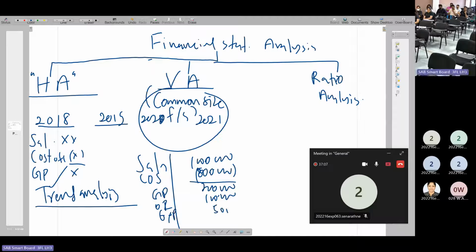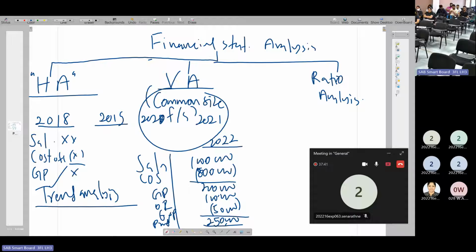Expenses 50,000. Profit. These are 2022 figures given.